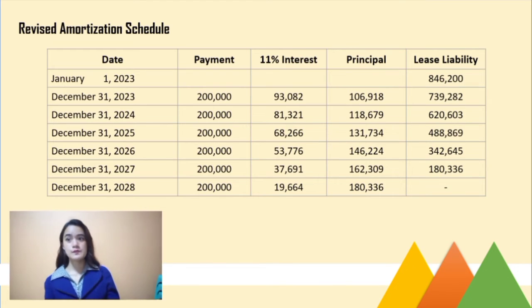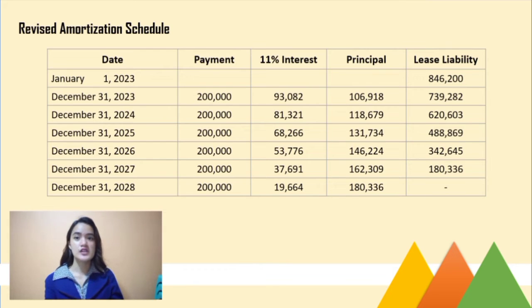So, to continue, 200,000 payment minus the interest of 93,082 pesos, we will get the principal payment of 106,918 pesos. So ito yung mababawas sa lease liability niya from the previous data. So para makuha natin yung current year, deduct lang natin si principal payment dun sa lease liability from the previous data, which is 846,200.